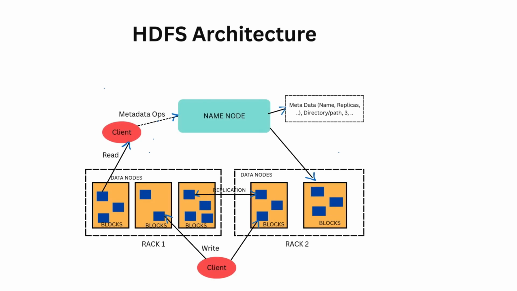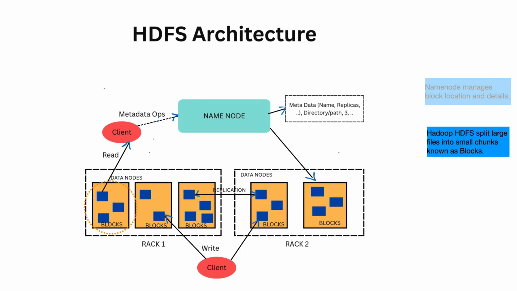Let us revise the name node that manages all metadata information about the data blocks and all its details. Next we have the highlighted area of blocks within data node 1. Hadoop HDFS normally splits the larger file into smaller chunks of data, nothing but data blocks.